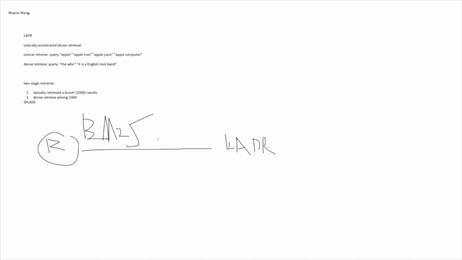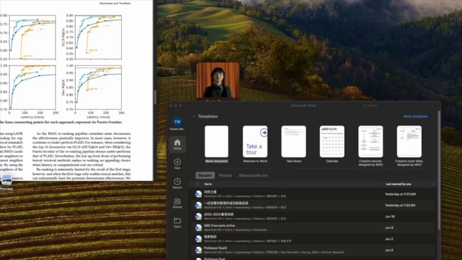Yes, and another part, which is what I'm currently doing, is that I try to compare the effect of a pure two-stage retrieval without LADR. How does the LADR structure actually work if I just use a dense score? Like if I just use a dense score without this step, how would that look?